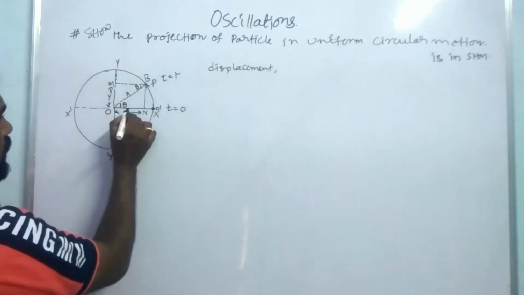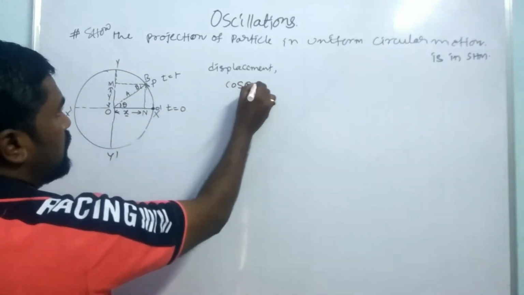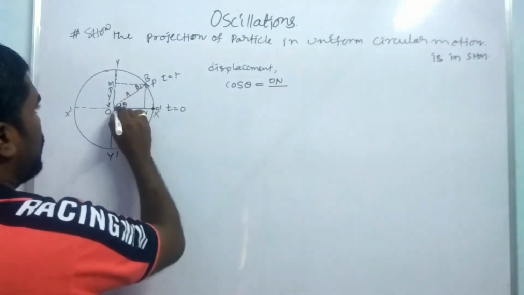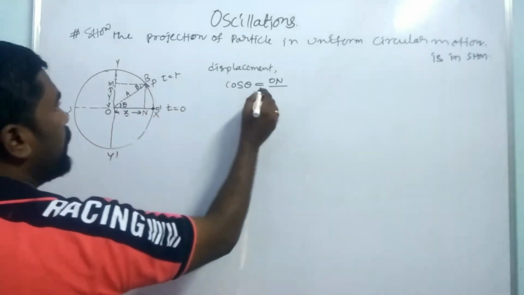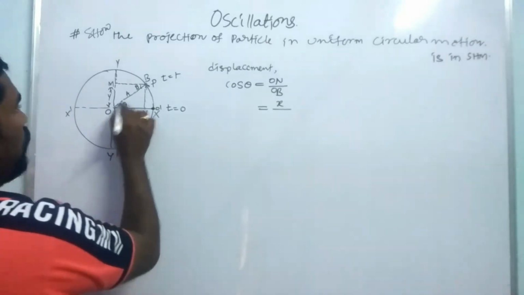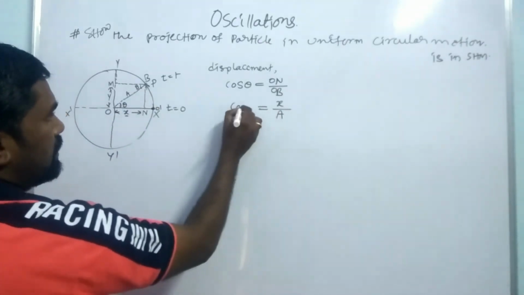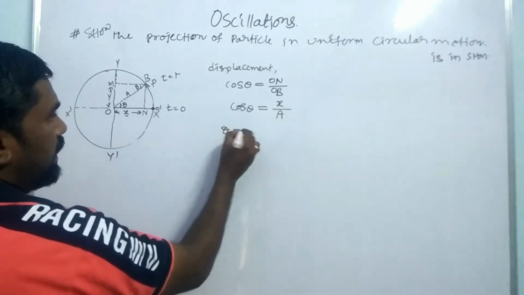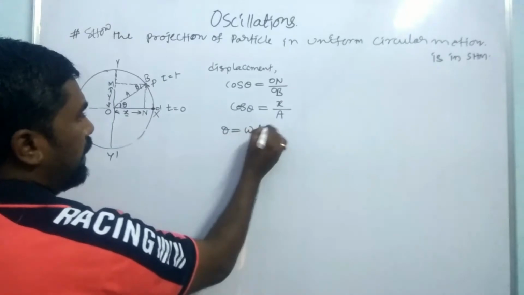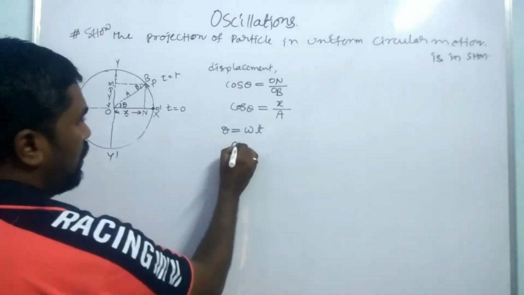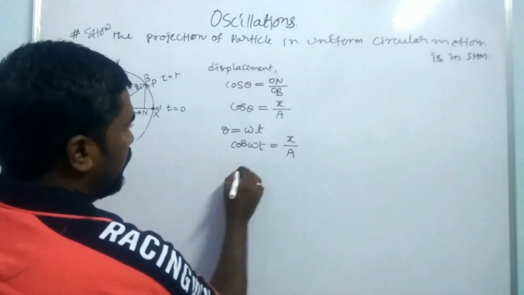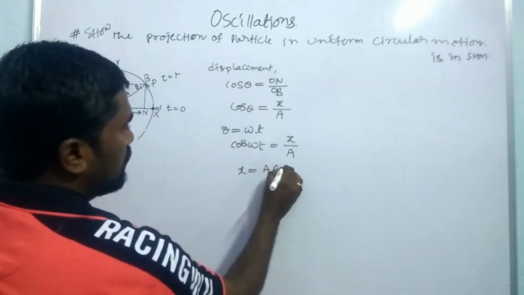Hence you can write cos theta equal to ON by OB, adjacent by hypotenuse, that is O to B. ON is the x here, OB is the amplitude of the particle, so cos theta equals x by a. Theta is the angular displacement, equal to angular velocity into time, so theta is omega t. Therefore x is equal to a cos omega t.